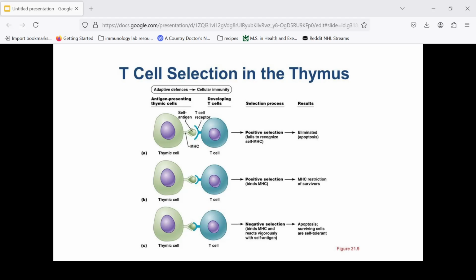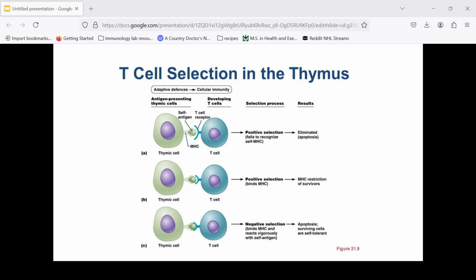Because no selection has occurred until we get to the thymus, we don't want that thing to have any abilities, because if it activates on the way to the thymus, it's no good. So our T cells are essentially completely inert until they make it to the thymus.